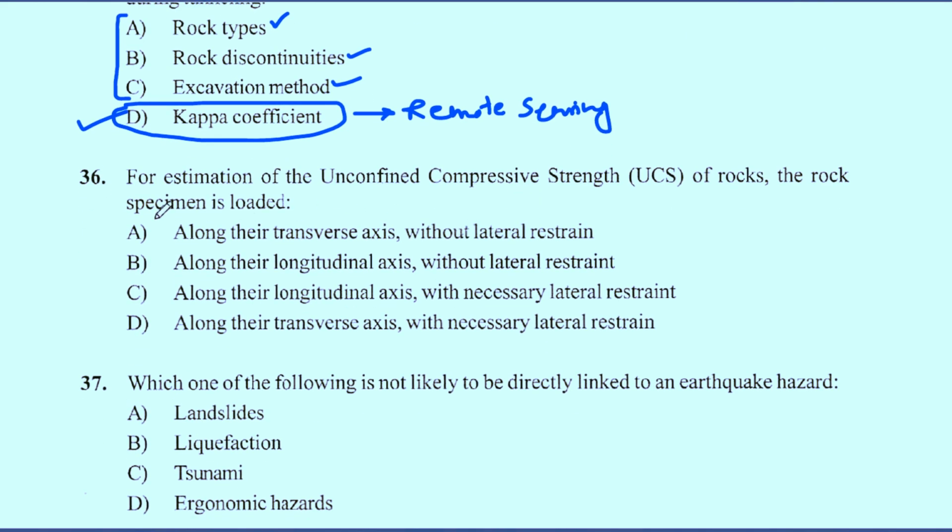Next question is: for estimation of unconfined compressive strength UCS of rock, the rock specimen is loaded like this. Force is applied like this. So this is the longer length, we call it the longitudinal axis.